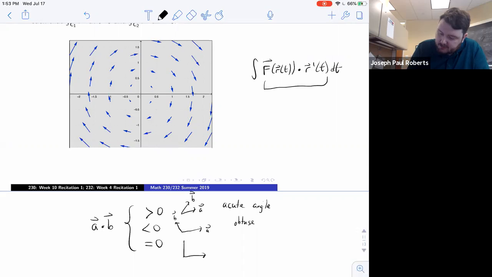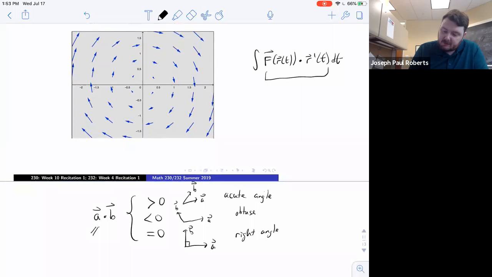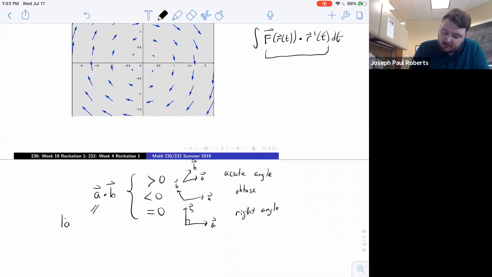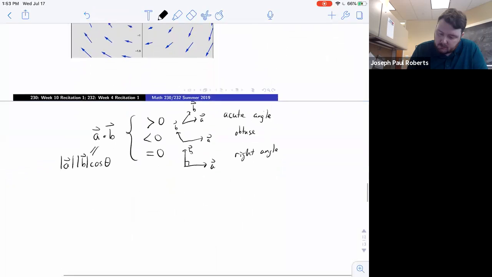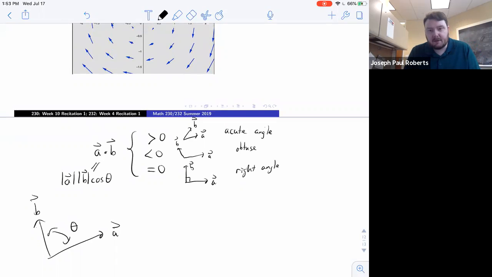And the dot product is 0 precisely when the vectors are perpendicular, or a right angle. Because the dot product is equal to the product of the lengths times cosine of the angle between the vectors. Theta is the angle between vectors a and b. So think about when cosine theta is positive, when it's negative, when it's 0.